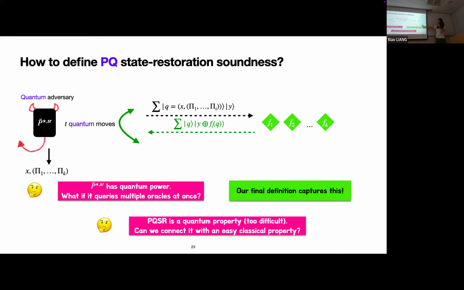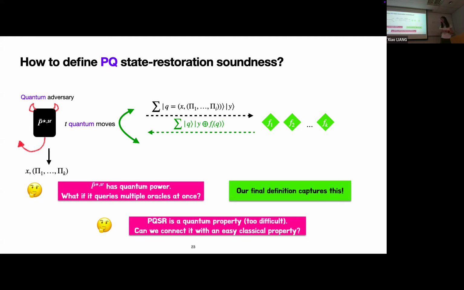The difference is that if you don't consider these move and query complexities in a careful way, the final bound will have some additional factor, a multiplicative factor of k. You actually need to think about how much weight is distributed to each oracle.